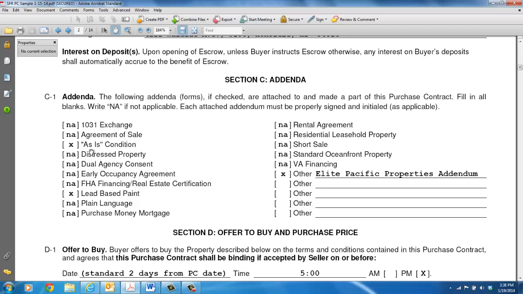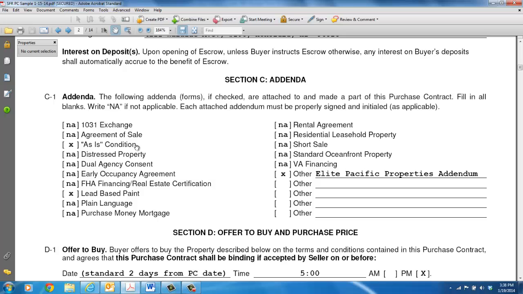And the as-is condition form, it's not necessary, but providing it in your offer makes your offer stronger, because you're kind of telling the seller ahead of time, don't worry, we know that it's as is, and you can expect us not to ask for anything. But that does not mean that you cannot ask for repairs after the home inspection is done.